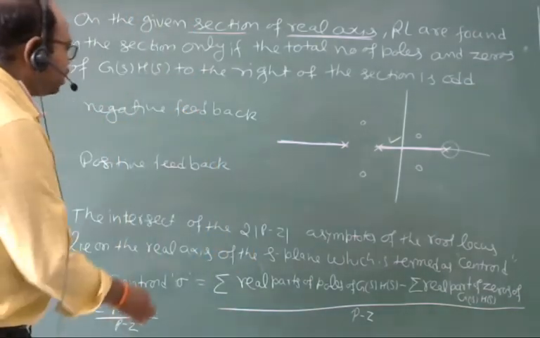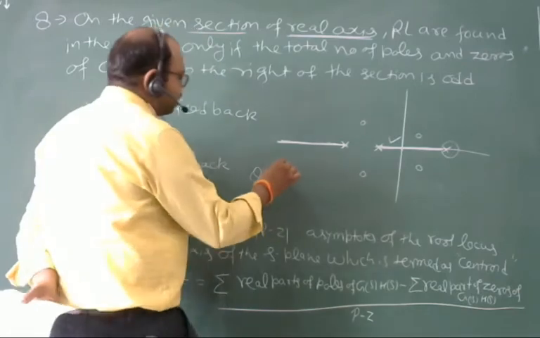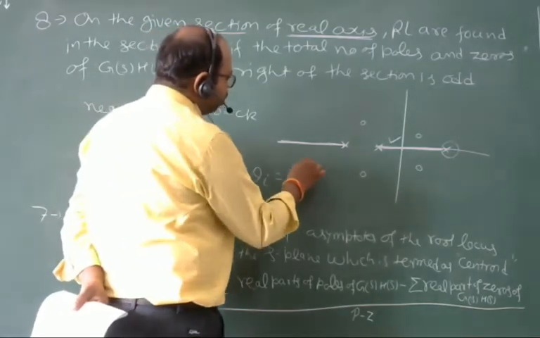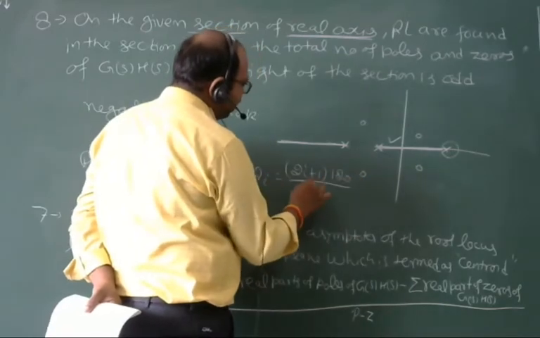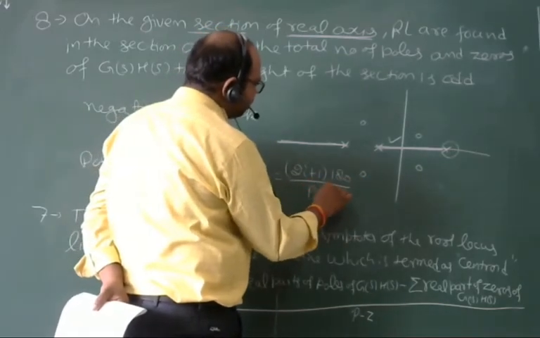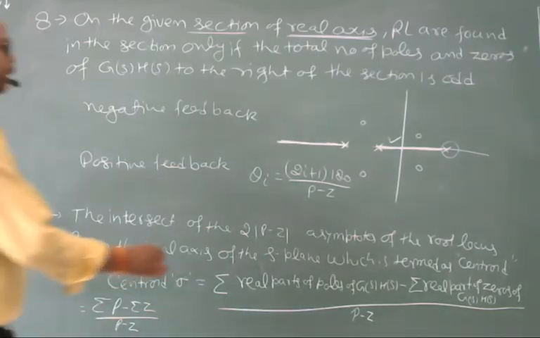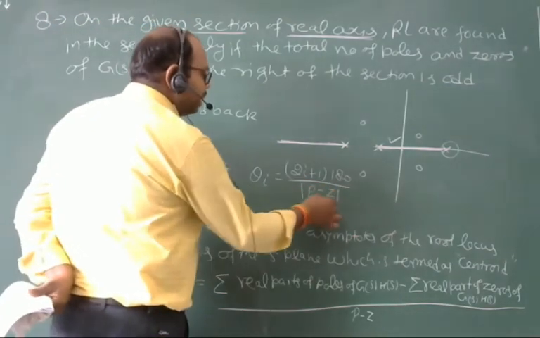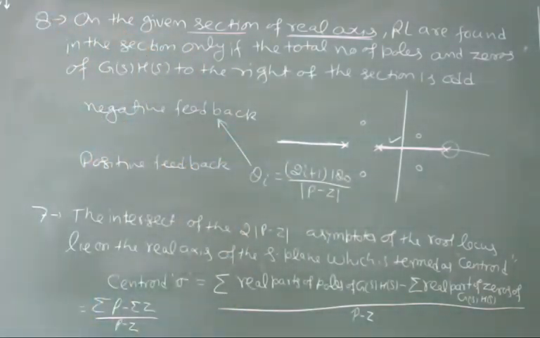And one more thing, the angle which we determined for asymptotes, (2i plus 1) into 180 divided by P minus Z, is the case for negative feedback.